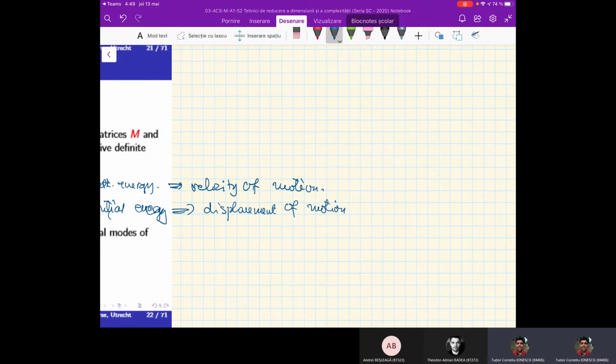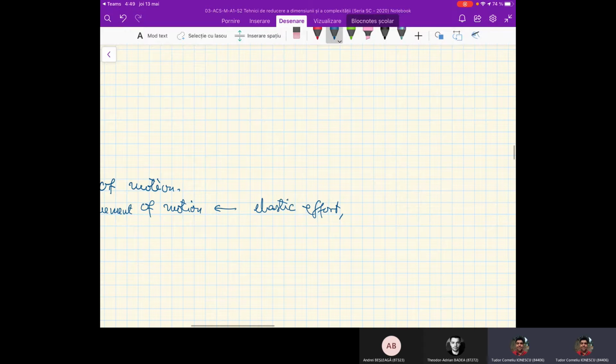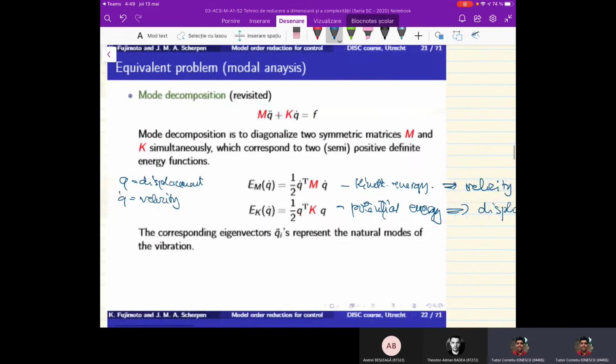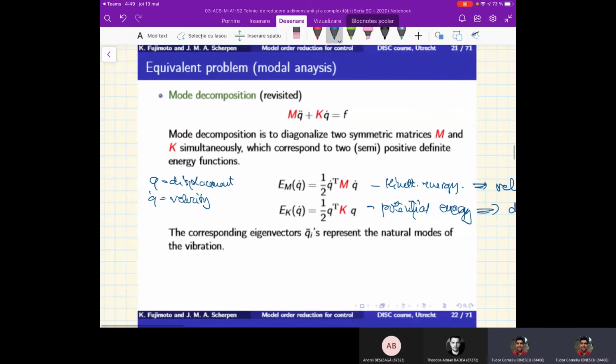It doesn't matter here whether it's rotation or translation. For rotation you have torques; here we've got forces. This is usually given by elastic force, or elastic effort, or gravitational effort. These are things from mechanics which are important.